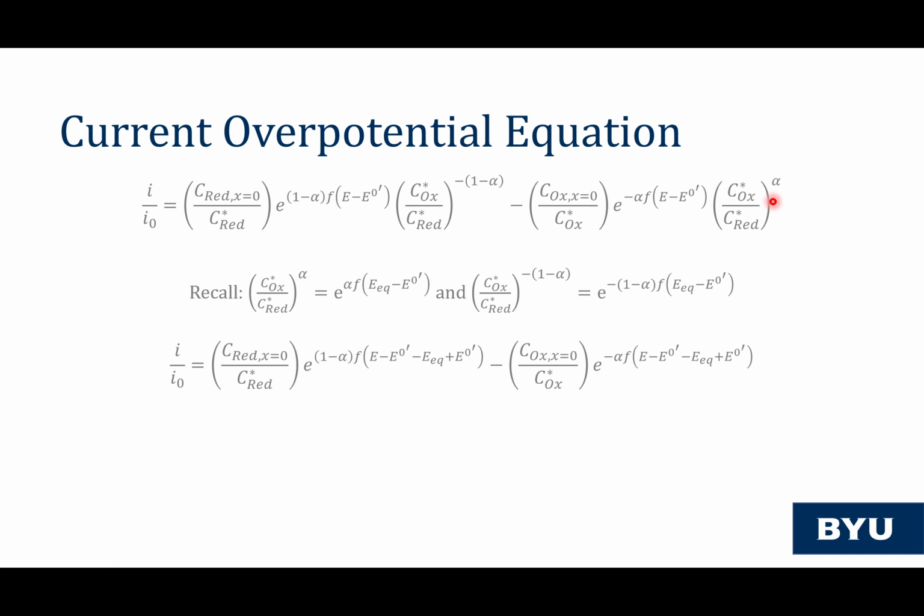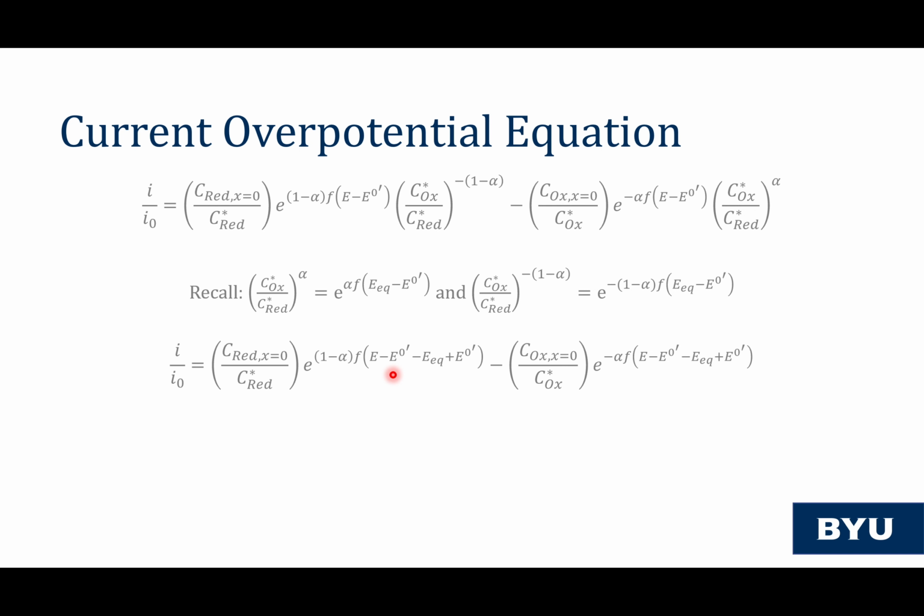Now we're going to use the rearranged Nernst equation raised to specific powers in order to make some substitutions. So for example, here the rearranged Nernst equation is raised to the alpha, and here it's raised to the -1 minus alpha. That allows us to do some substitutions, and then we're left with this expression where we have these exponential terms that look rather complicated.